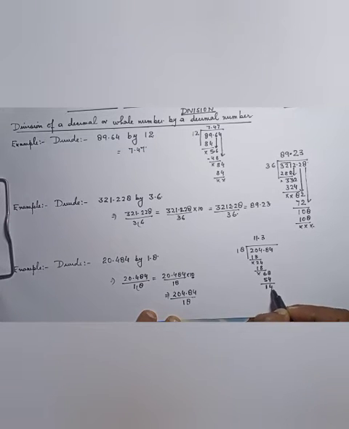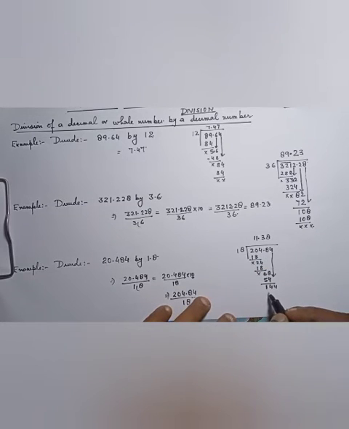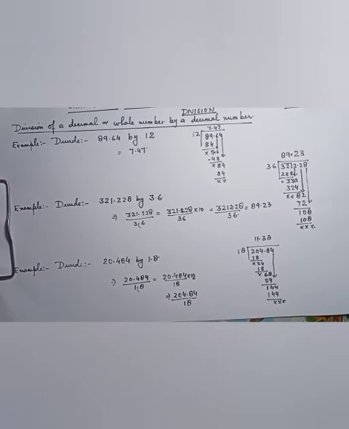So 14. Again I am going to bring down this 4. So how many times? 18 eights are 144. So the answer that we are going to get is 11.38. I hope all the three examples are very much clear to everyone.